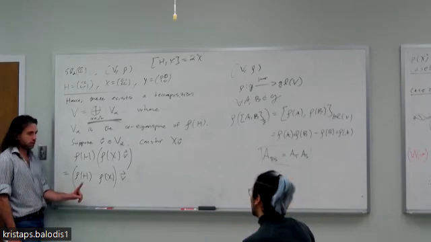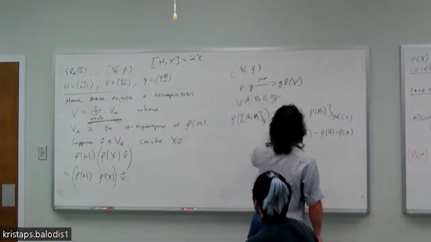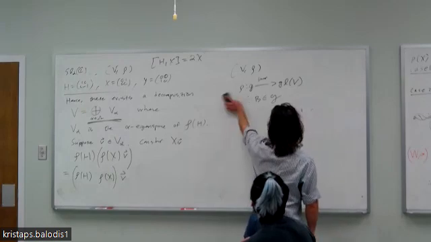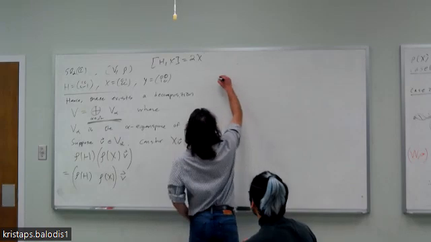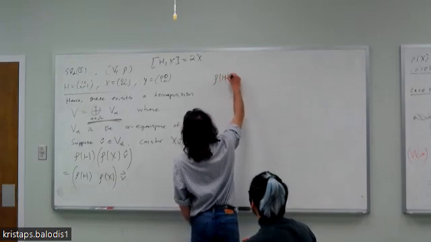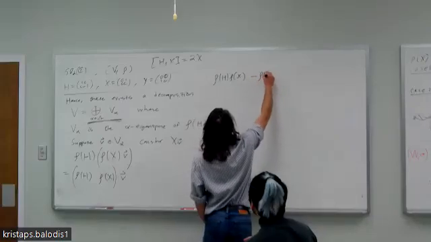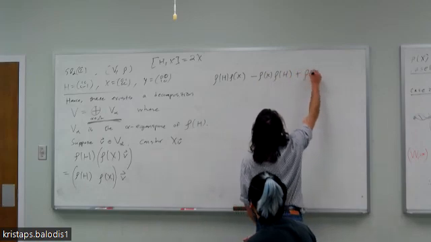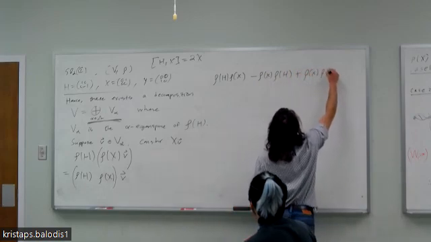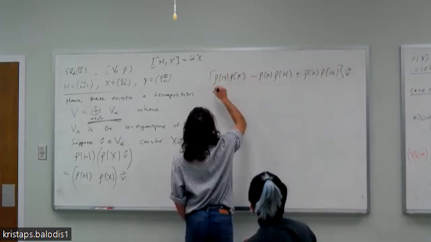How could we get the other half? Add and subtract, the zero trick. It's the greatest trick, from the most advanced and most basic math, the only trick we know a thing about. So it's this minus this plus this, and all of that times V.